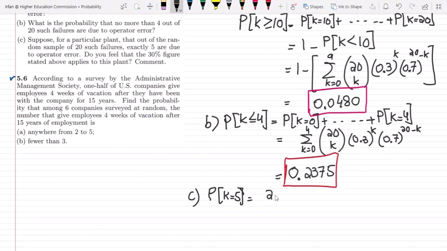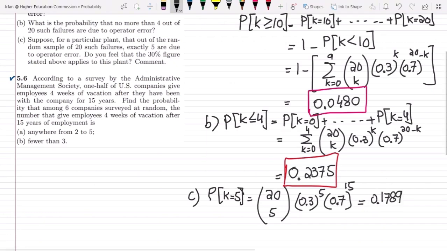This is a single value. Using the binomial theorem here, 20 choose k, times 0.3 to the k, where k is 5, and 0.7 to the n minus k, which would be 15. Finding it out, the answer will be 0.1789.